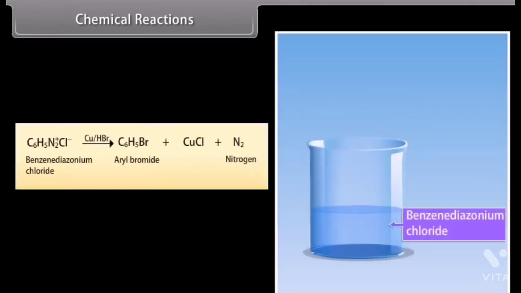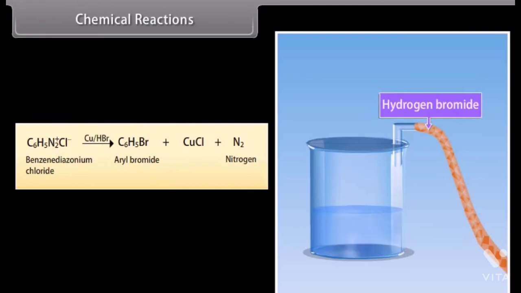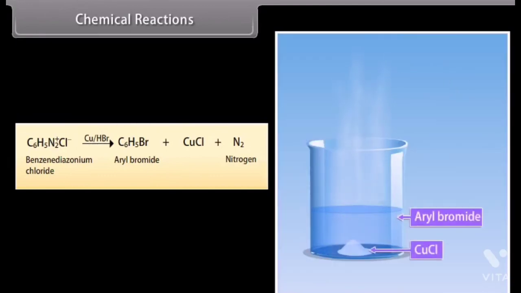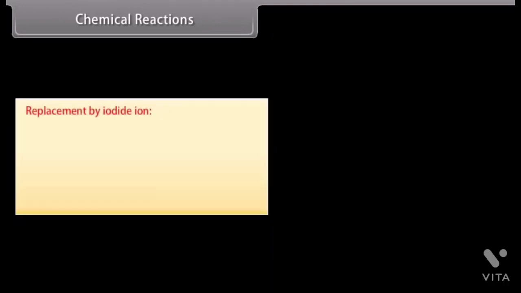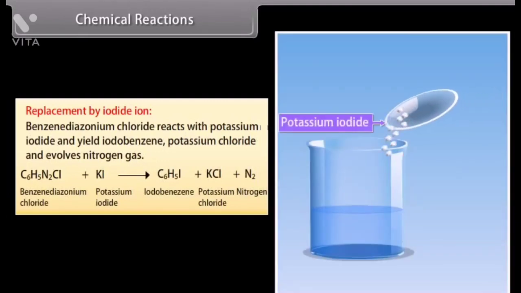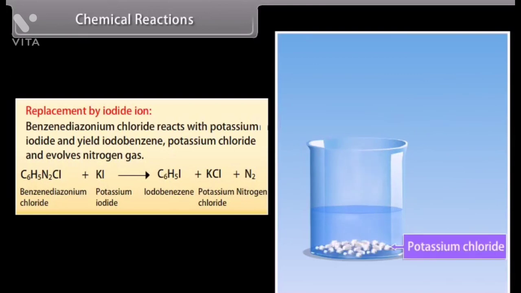With hydrogen bromide and copper powder, it yields aryl bromide, cuprous chloride and liberates nitrogen gas. Replacement by iodide ion. Benzene diazonium chloride reacts with potassium iodide and yields iodobenzene, potassium chloride and evolves nitrogen gas.